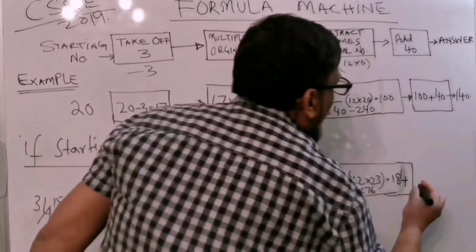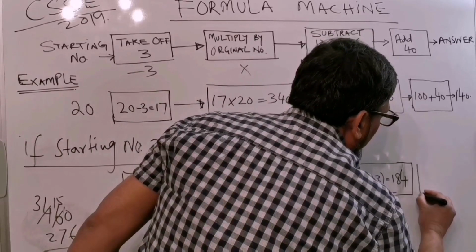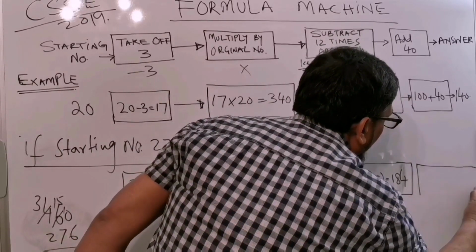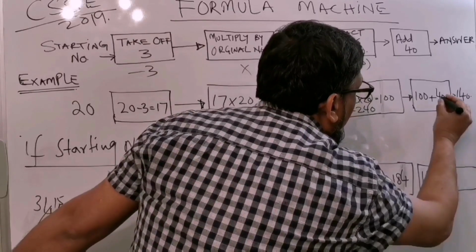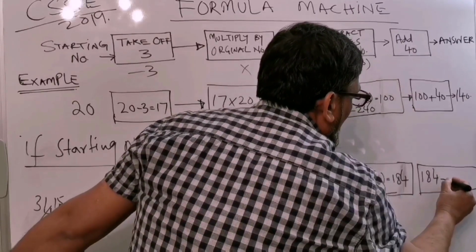And in the final stage, whatever the answer you're getting, 184, you need to add 40.